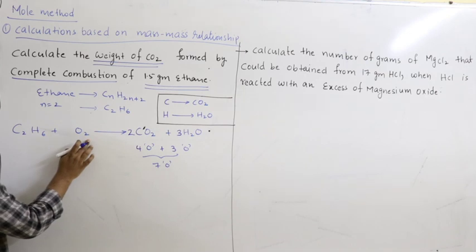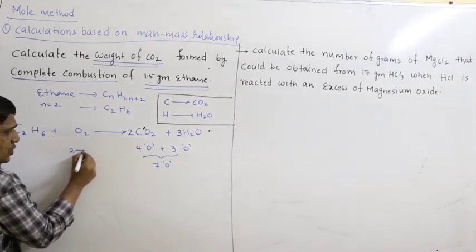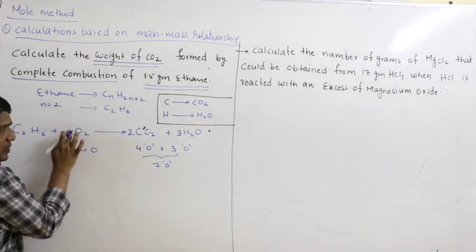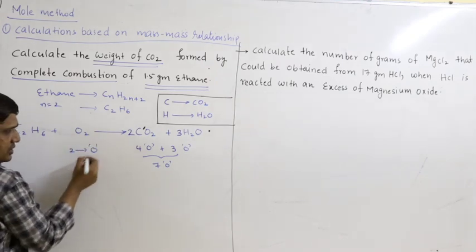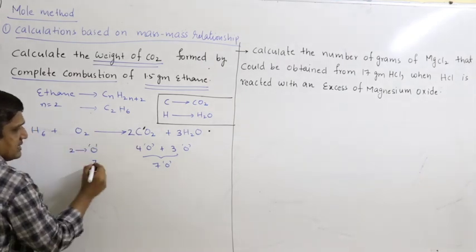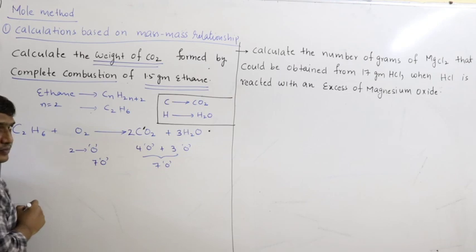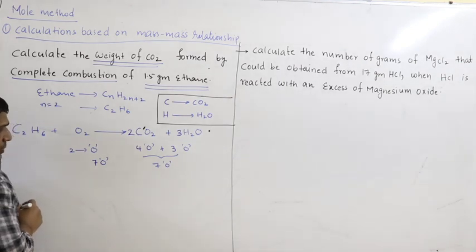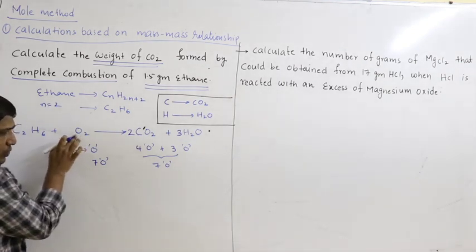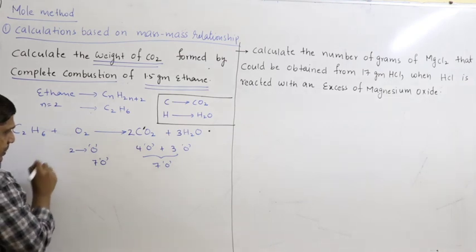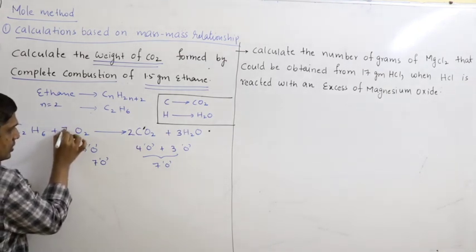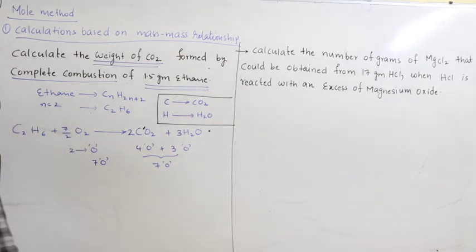If I write O2, one molecule contains 2 oxygens. In one molecule of O2, there are 2 oxygens. We require how many oxygens? 7. 7 oxygens, right? Now, in order to write in the form of O2, I have to take 7 by 2 O2.